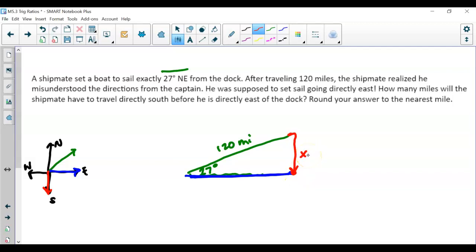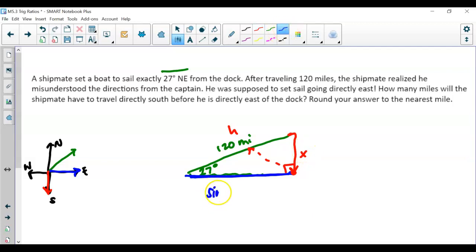So this is the setup, which means which trig ratio are you supposed to use in this case? Well, you were supposed to use sine, because if you notice here, you've got the opposite, and you do have the hypotenuse. So x represents opposite from the 27.